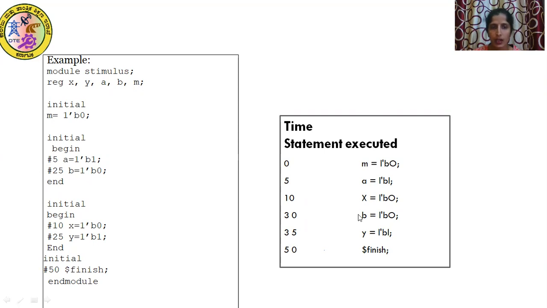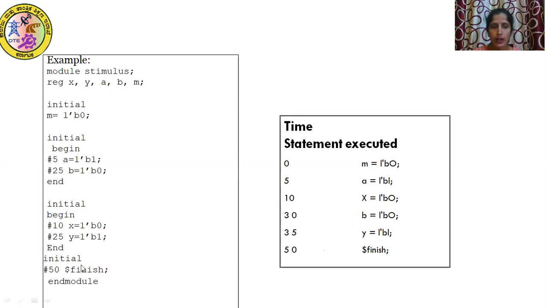The next delay associated here is 25 time units, that is b is equal to 1-bit binary 0, and hence this statement will be executed after 25 units of time. And also the statement y is equal to 1-bit binary 1 will be executed after 25 units of time. Whereas the last statement, which is associated with a delay of 50 time units, will be executed after 50 time units.